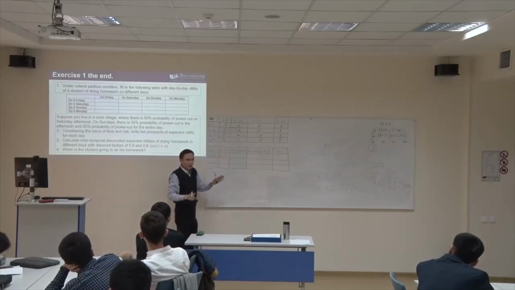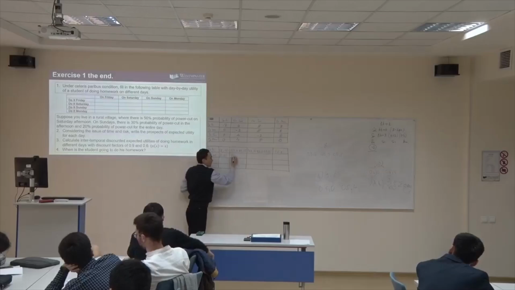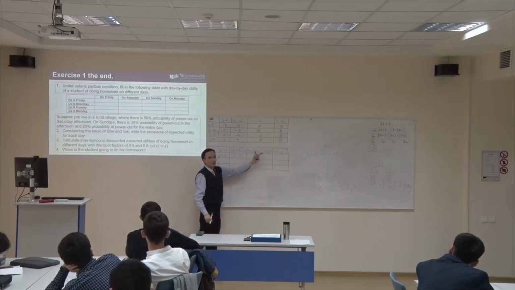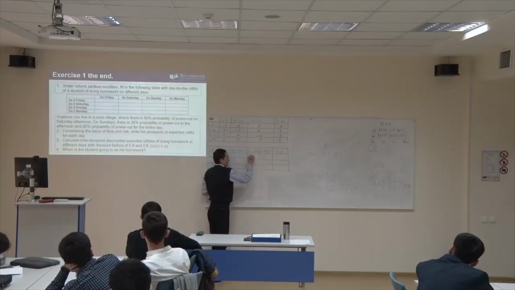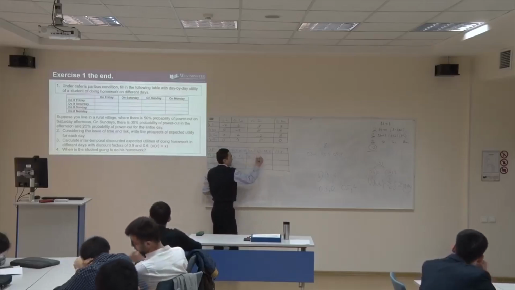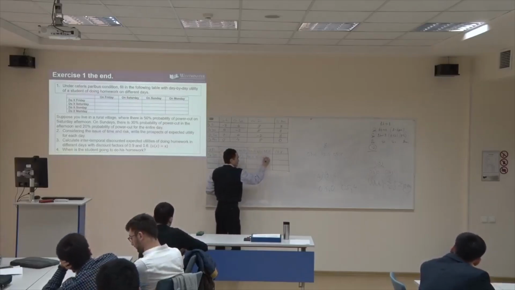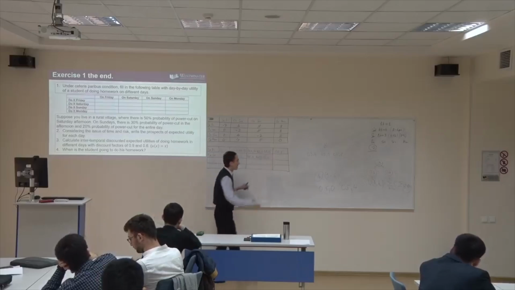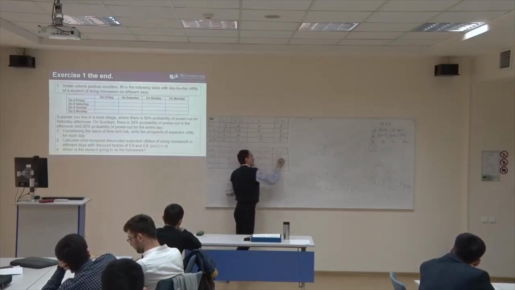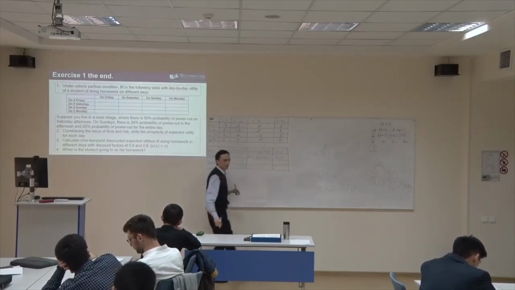I cannot play computer, which means there is 100% probability I will have this utility of minus 2. But on Sunday I can play, so this is the prospect that we can apply. Same: 30% probability of playing in the morning, 20% probability of not playing at all, and 50% probability of playing for 8 hours. And there is 100% probability of getting the results.